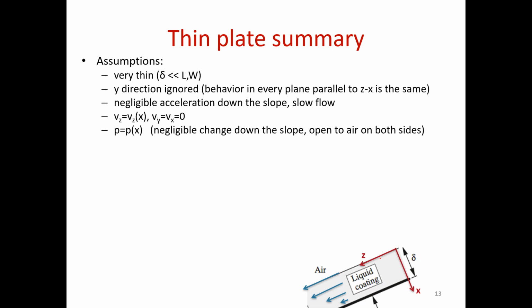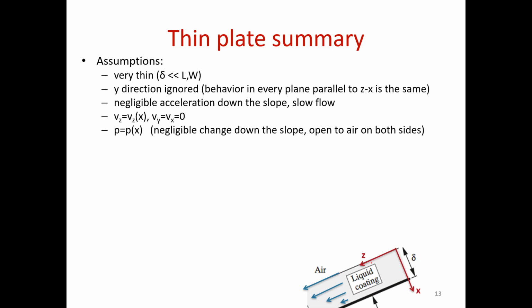And then on the top, I have air and some sort of liquid going down, right? A very common assumption for slow velocities, which in this case we have, is that shear stress on the air-liquid interface is 0. This comes from the fact that I have to have continuity of shear stresses across any boundary.